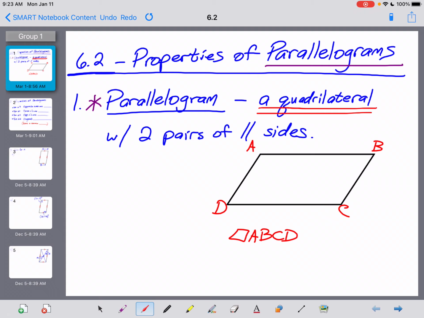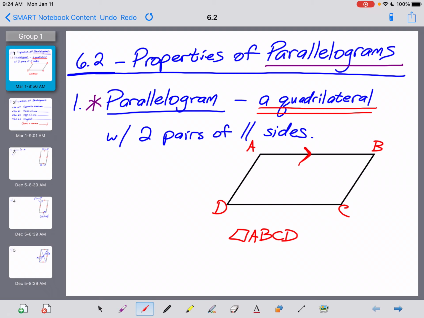We know that already. But now going further, what makes a parallelogram unique or special among all quadrilaterals is the fact that it has two pairs of parallel sides. So obviously, adjacent sides can't be parallel to each other because they intersect. So it's got to then be the opposite sides of this figure that are parallel to each other.